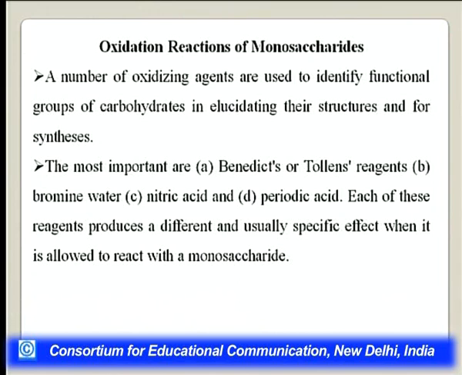Let us discuss the oxidation reaction in detail. The most important oxidizing agents are Benedict or Tollens reagent, bromine water, nitric acid and periodic acid. Each of these reagents produces a different and usually specific effect when allowed to react with monosaccharides.